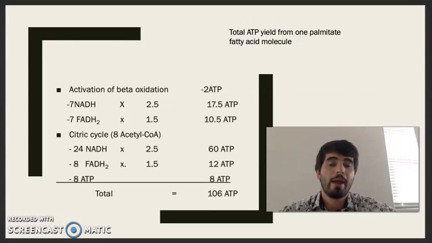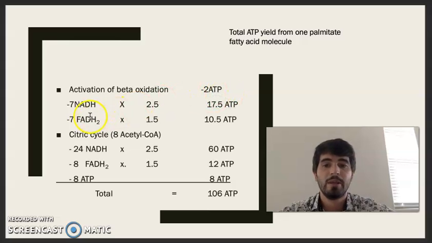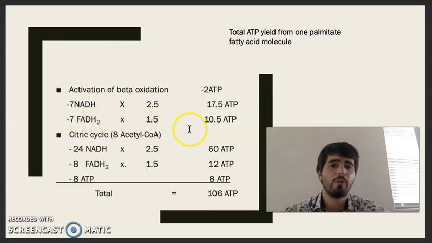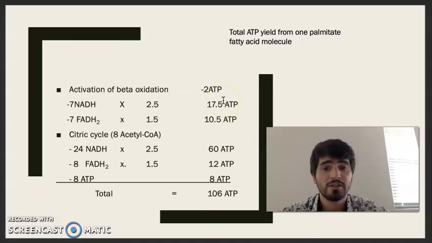So here we have our math that we did, activation and beta oxidation. We got negative 2 ATP, but then we have 7 NADHs times our magic number of 2.5, we get 17.5 ATP, and 7 FADH2s times 1.5, and we get 10.5 ATP from beta oxidation.